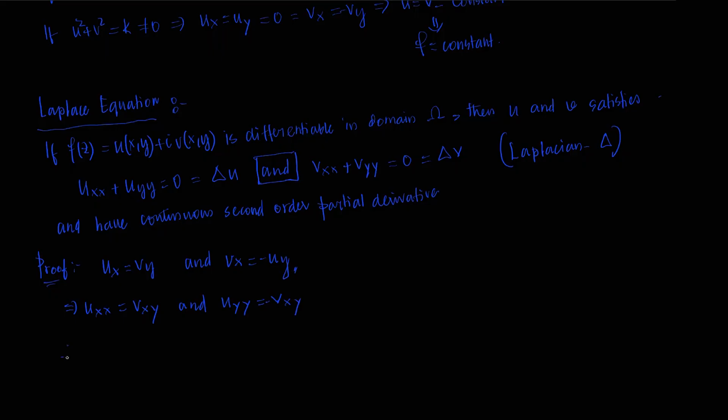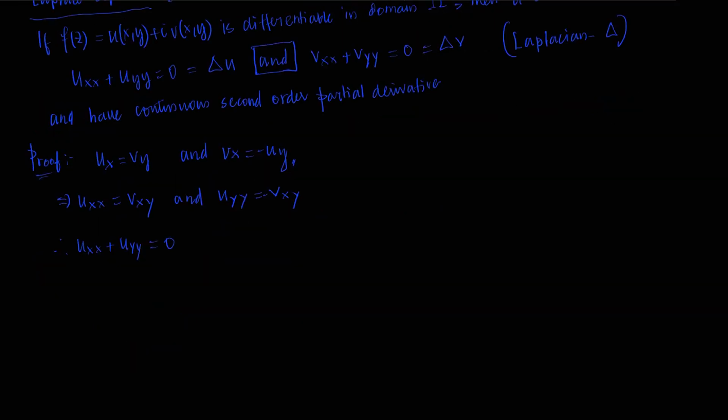Therefore, you see uxx plus uyy is nothing but 0. Very, very simple, right? So this is nothing but the Laplacian of u. And similarly, we can also show that the Laplacian of v is going to be 0.